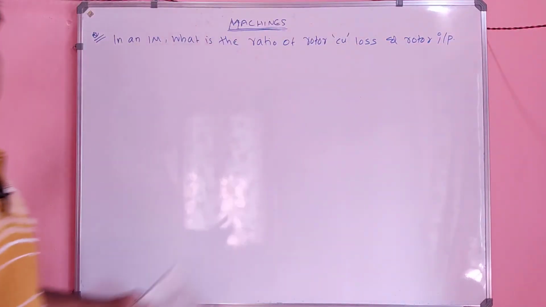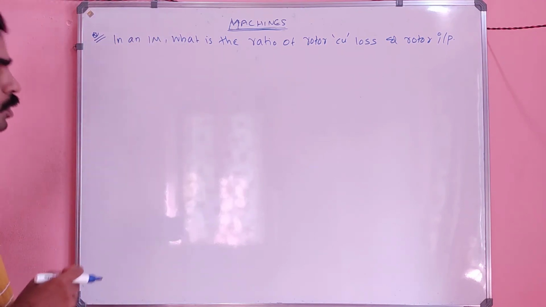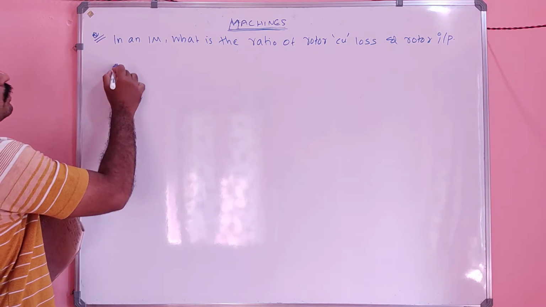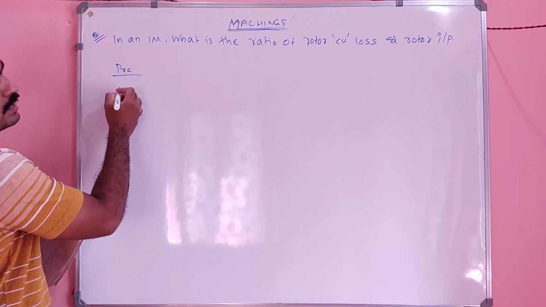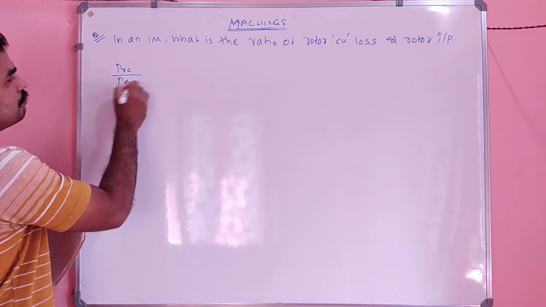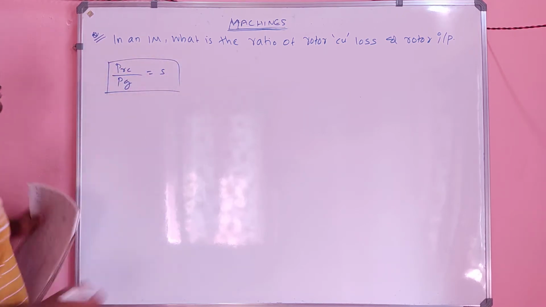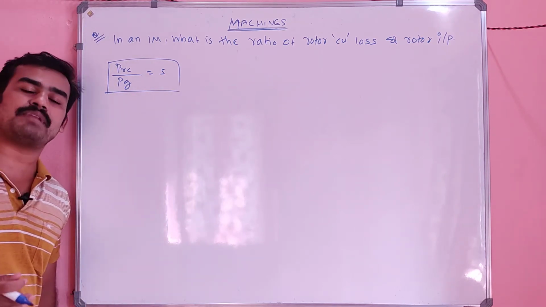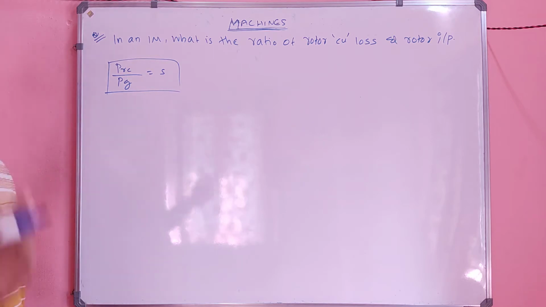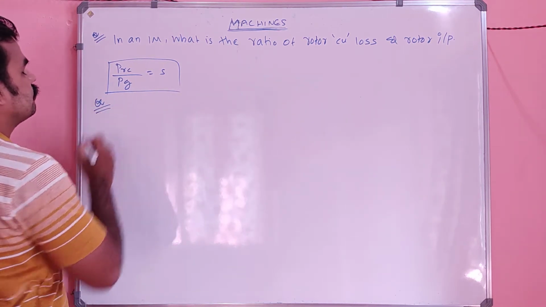Actually, this is not at all a question for us now. Rotor copper loss is nothing but PRC, divided by the rotor input, which is nothing but PG. The answer is simply yes. This type of question may be seen in examination. Direct question, simple answer, but you have to think. Write another question, my dears.